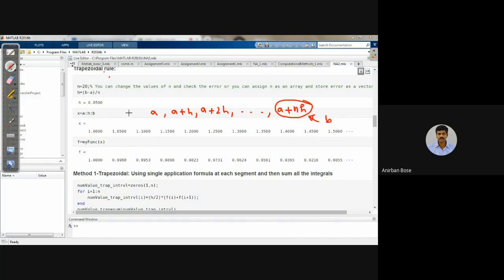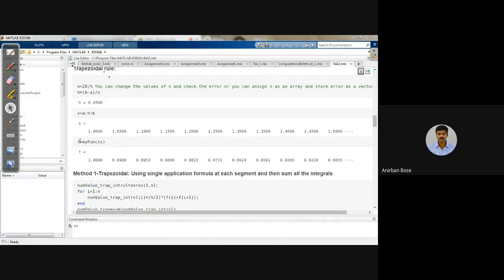So within x this particular array is there. You can see over here 1.05, like that. This is what x contains. It's a vector, remember.